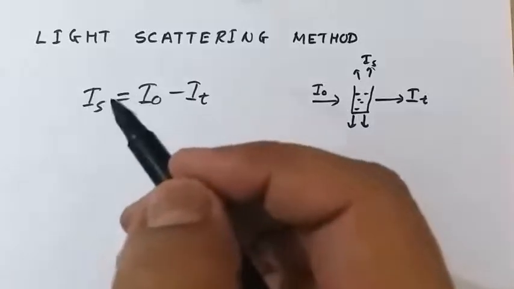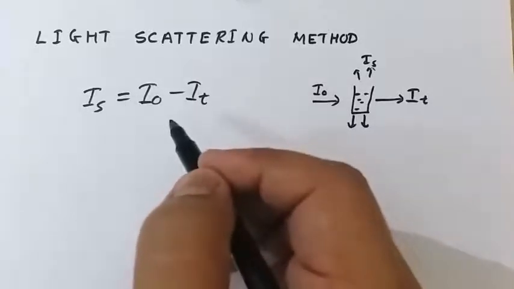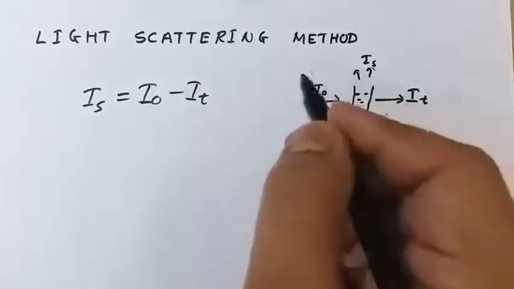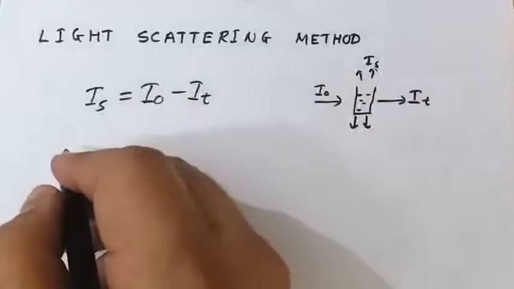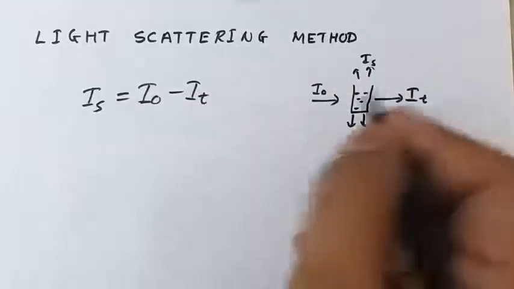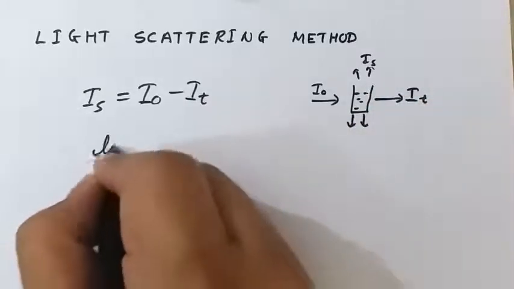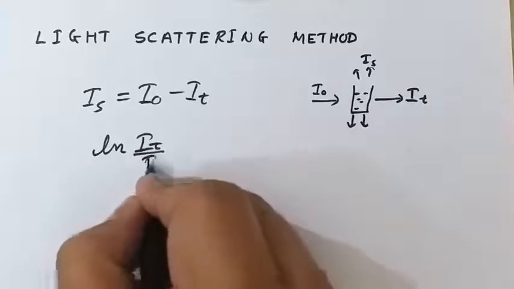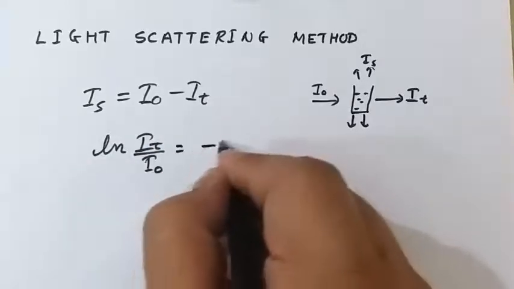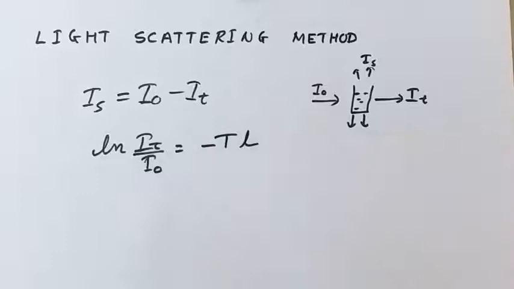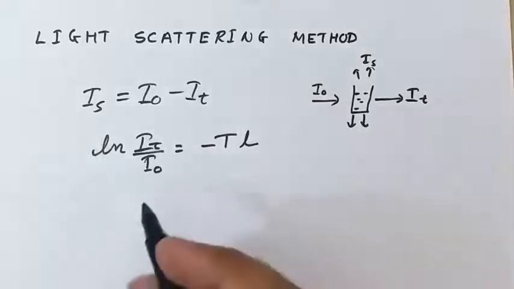We have already studied Beer's law, and this polymeric solution also follows Beer's law. So we can write Beer's law for this solution in the form ln of IT upon I0 is equal to minus T into L. So this is nothing but our Beer's law.